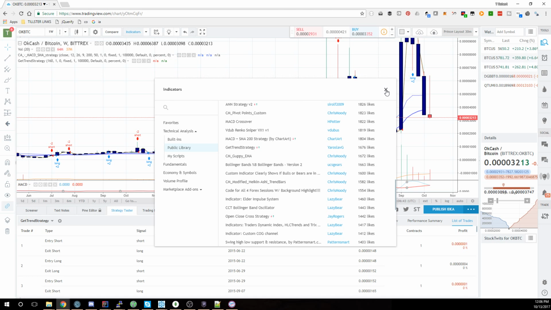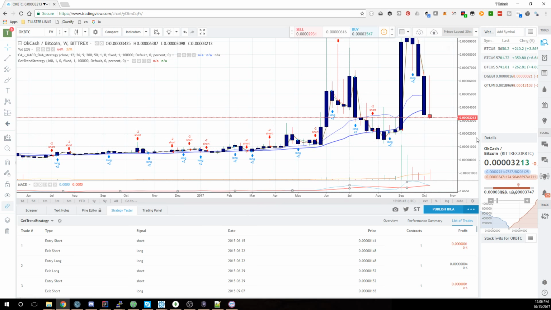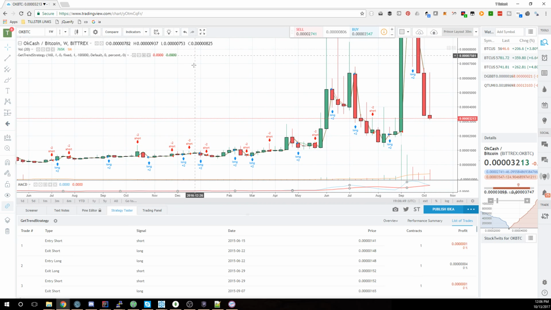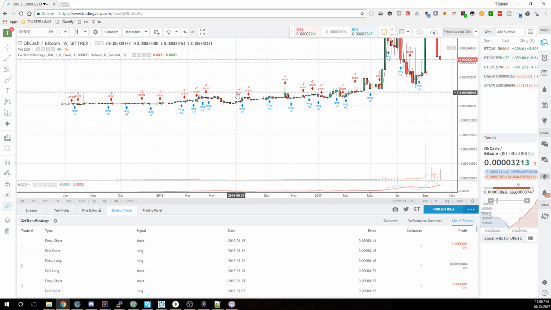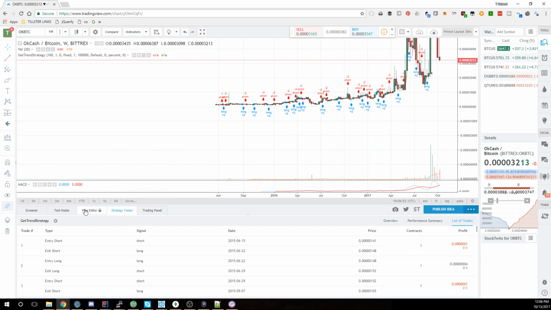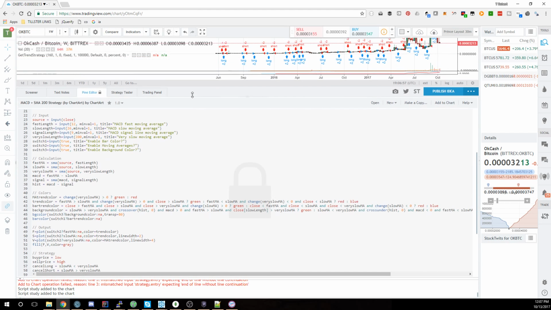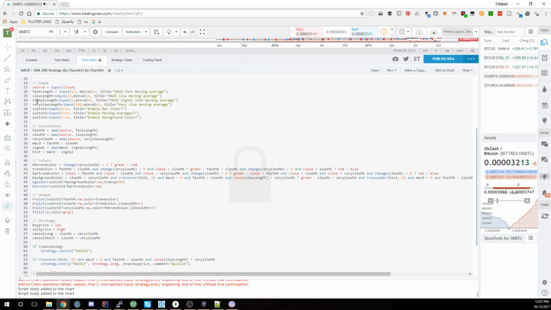There we go. This one worked. Finally. Let's kill this thing. Come in here and take a look at the source real quick. What did we do? We got our inputs: our fast length, our slow length, signal length, very slow length, and a couple of switches, which enable a couple of things that we can control from our inputs.